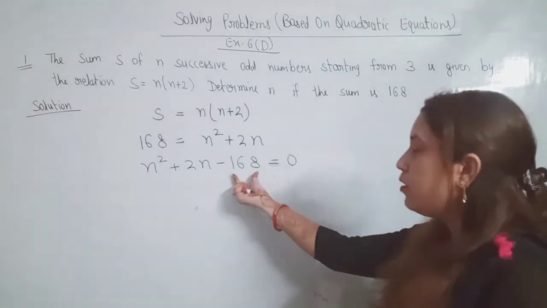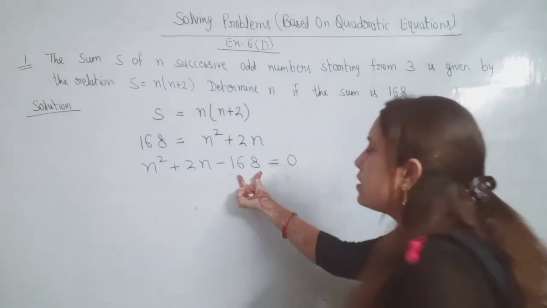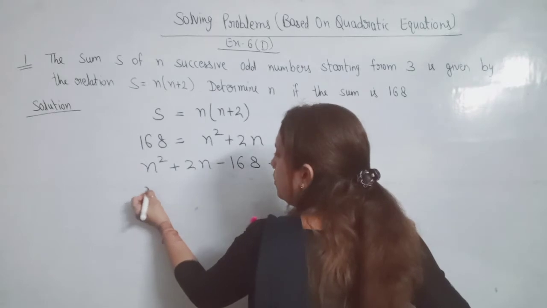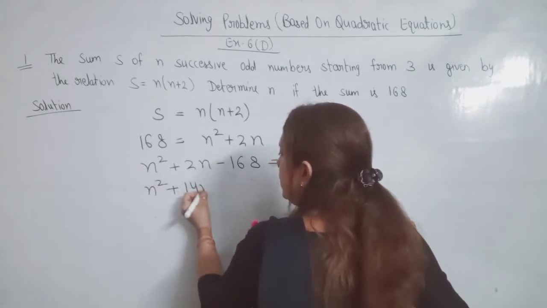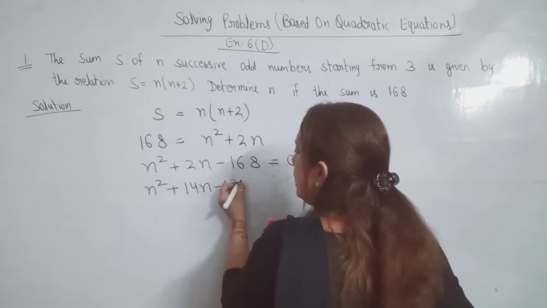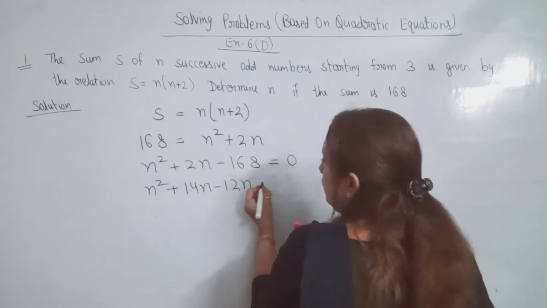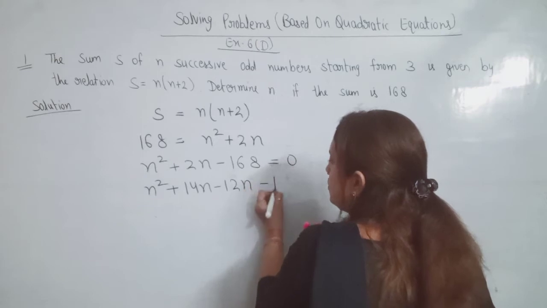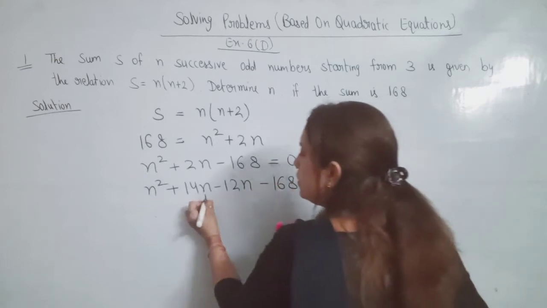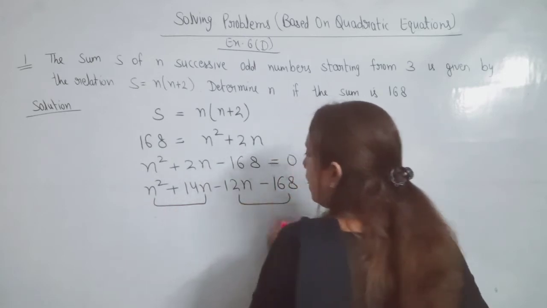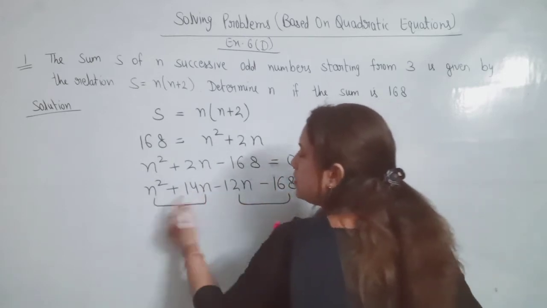Now the factors of 168: n square plus 14n minus 12n minus 168 is equal to 0. Now make the pairs and take the common. What is the common?